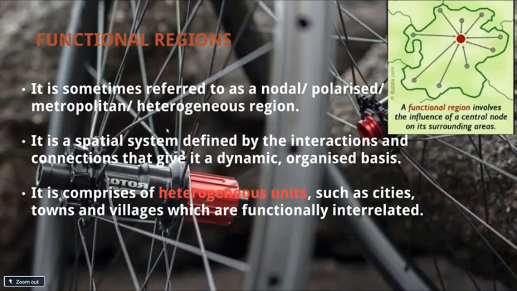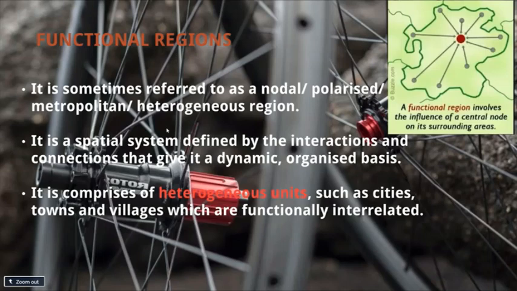Whereas a formal region is linked by homogeneity, a functional region is composed of a heterogeneous surface, different places, but they are linked together by the functions they perform. This is analogous to a bicycle wheel.